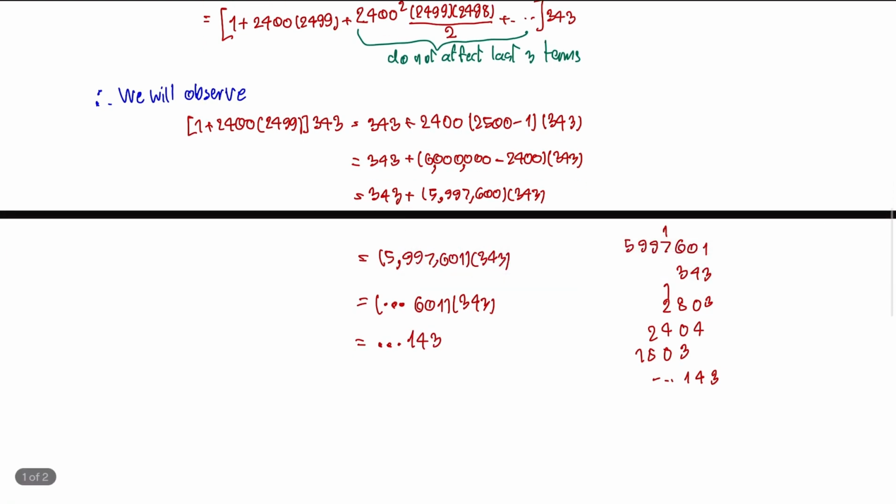All right, therefore the last three digits of 7 raised to the power of 999 is going to be 143. Okay, it turns out to be 143.